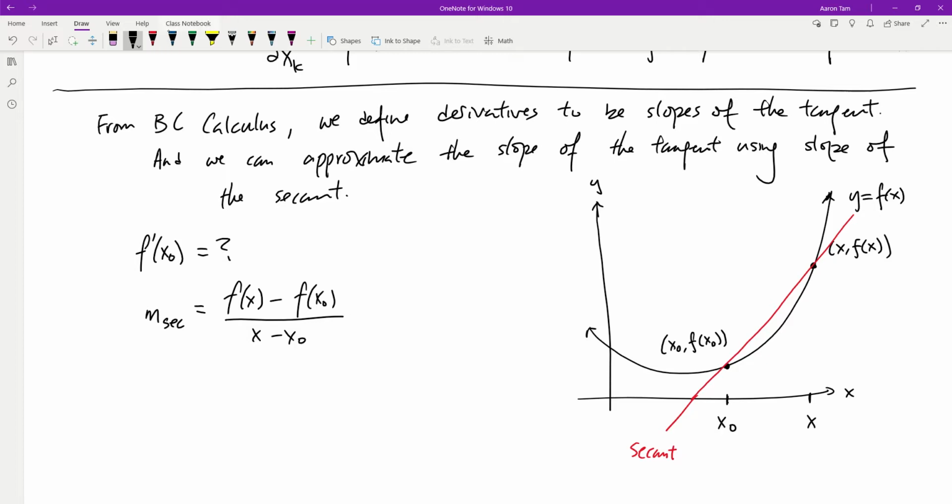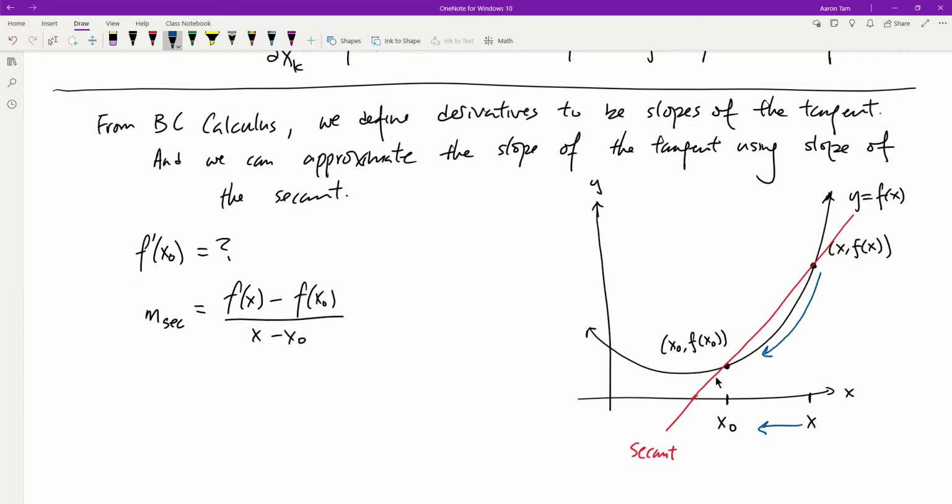So what we want to do is to take x and move it toward x sub 0. That would mean that our x value would move closer to x sub 0. Then this point will move along the curve and closer to x sub 0, f of x sub 0. And when we do that, eventually these 2 points become 1 point.